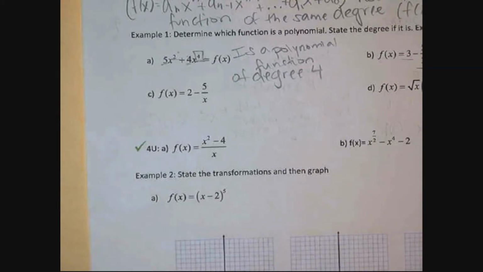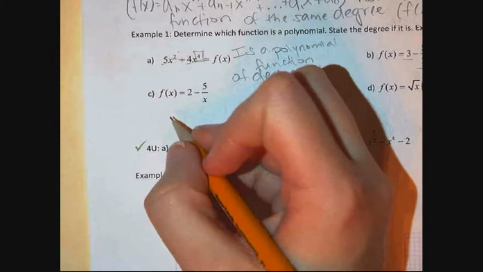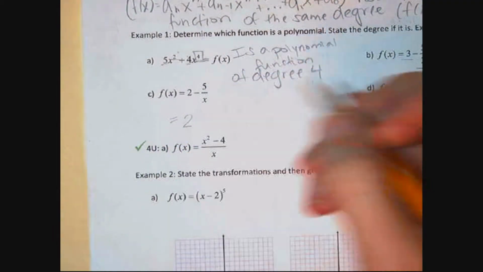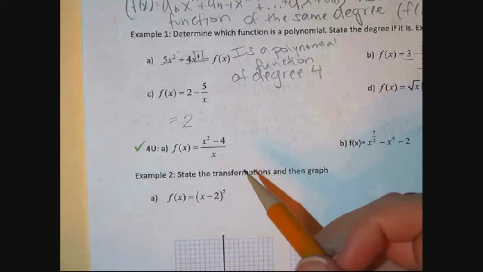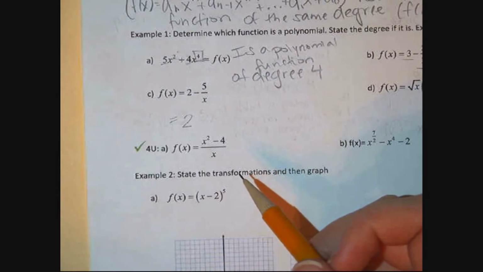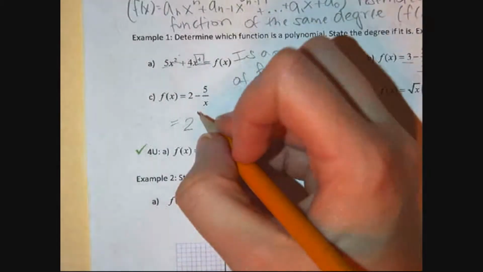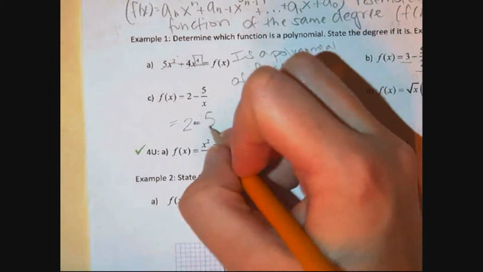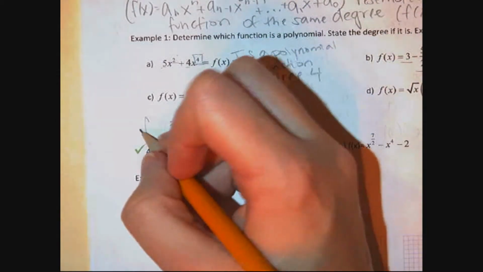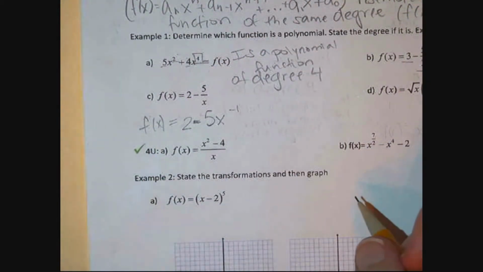Let's move on to C. We have f of x equals 2 minus 5 over x. Right now I can't really see the exponent of my x value because it is being divided. However, we know that dividing by an x is the same as giving that x a negative exponent, taking the reciprocal. So we can rewrite this as f of x equals 2 minus 5 times x to the negative first.